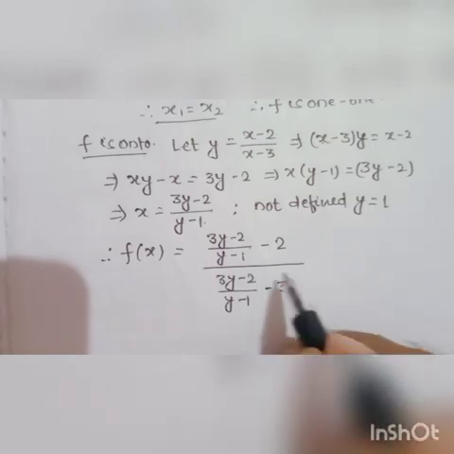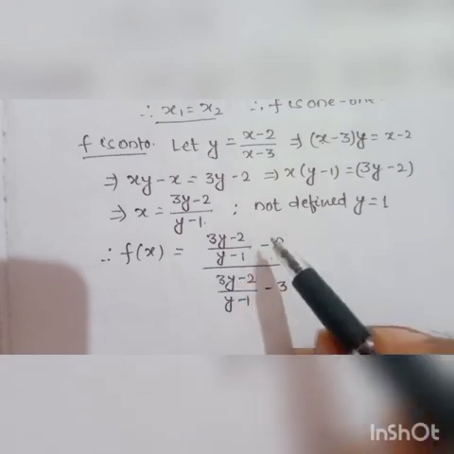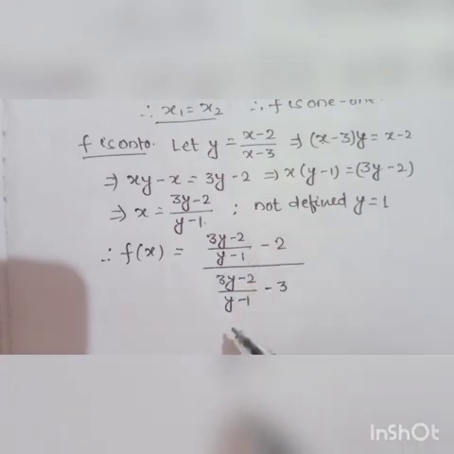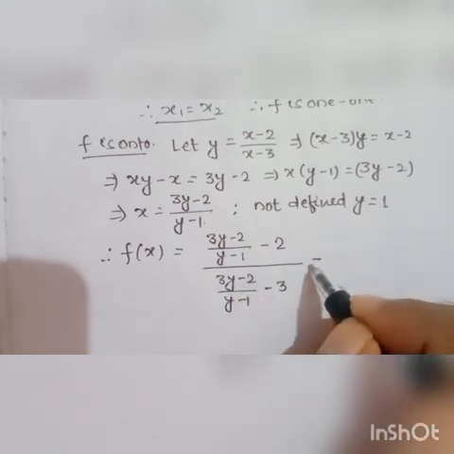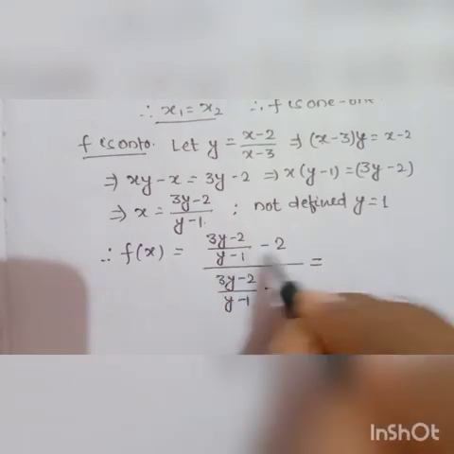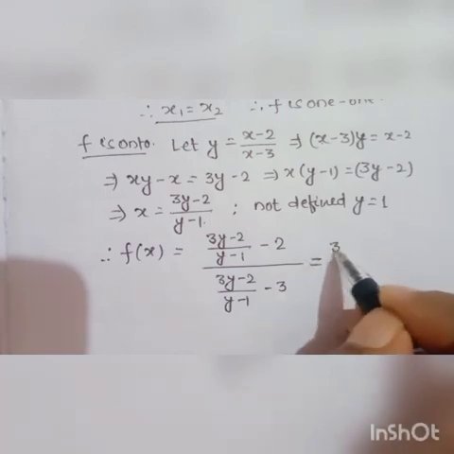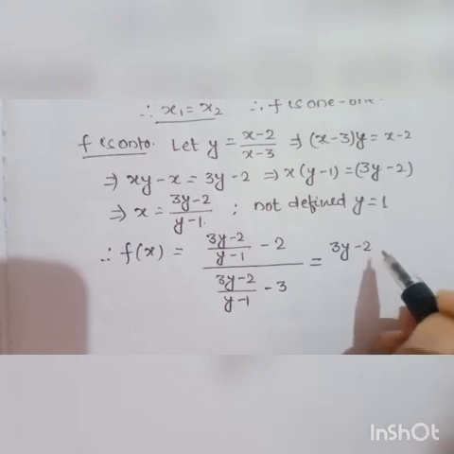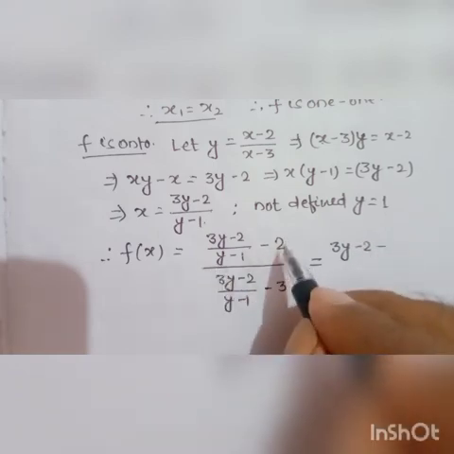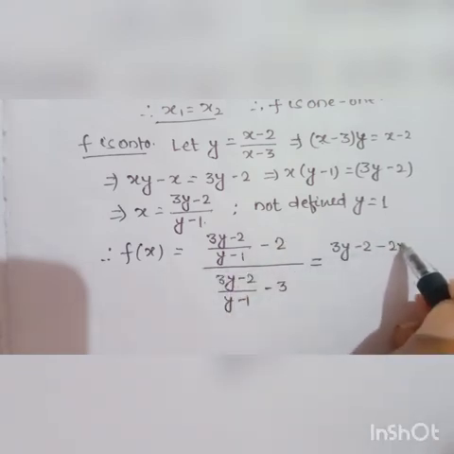Take out the LCM. Both numerator and denominator have the same LCM, y minus 1, so cancel them. Numerator: 3y minus 2 minus 2y plus 2.